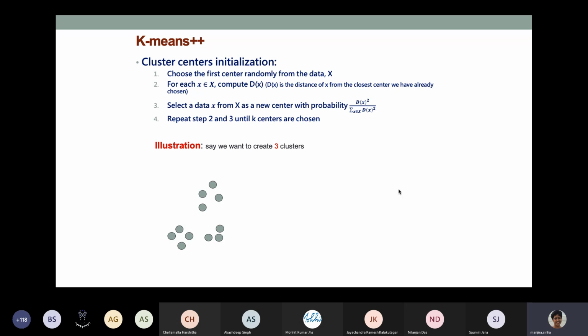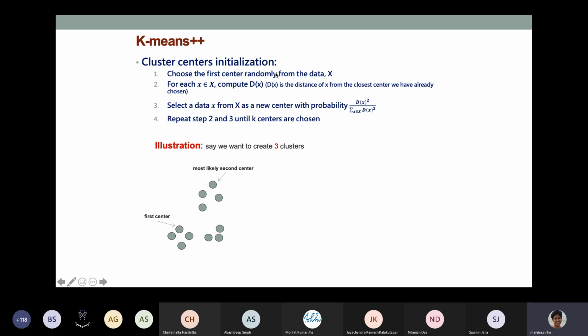So let us see how it deals with the outliers. Say for example, if I want to create 3 clusters, I randomly pick the first center.